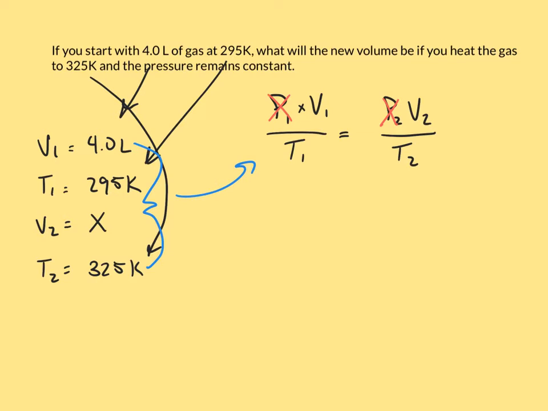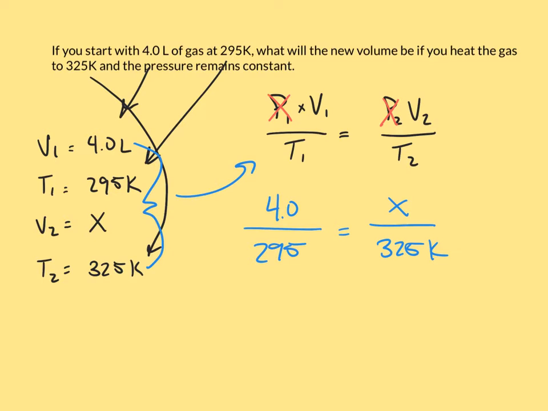But because P1 and P2 have been crossed out, I essentially don't need them. So I'm going to put 4.0 on the top, I'm going to put 295 on the bottom of this left-hand side. And I'm going to set that equal to X on the top because I don't know my V2, and my T2 is 325 Kelvin.